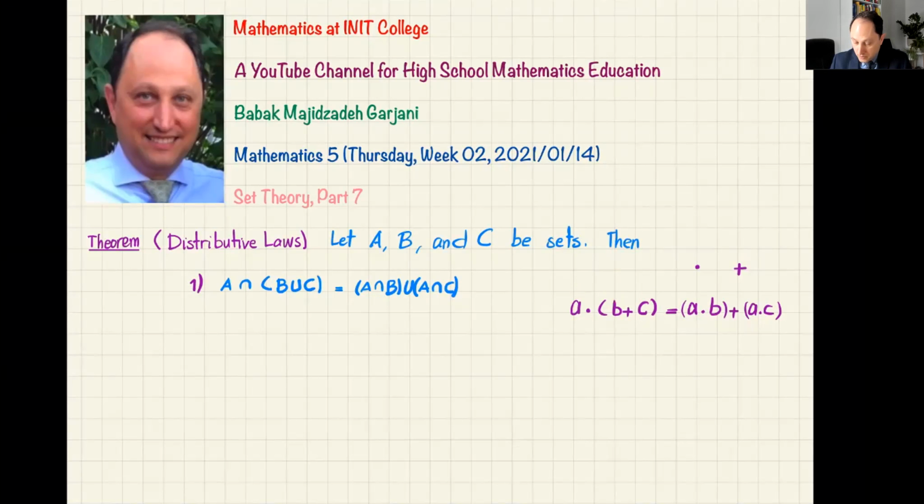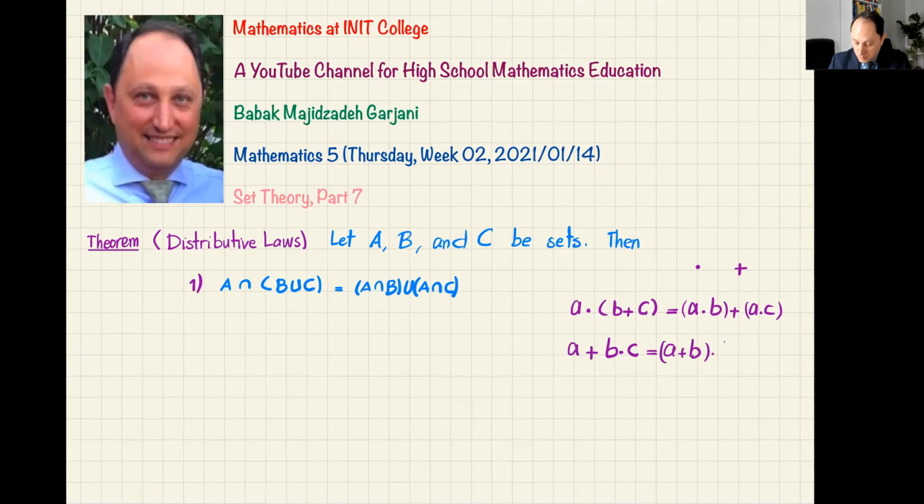But of course, you know that this formula the other way around is not correct. For example, if I ask you, can I distribute addition over multiplication? If it was right, then you could write A plus B multiplied by A plus C. But of course, you know that this is not correct.